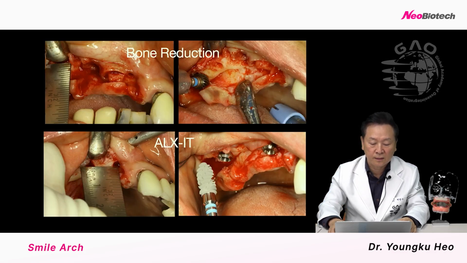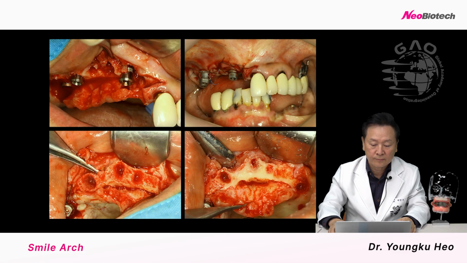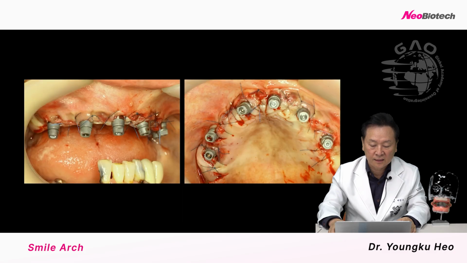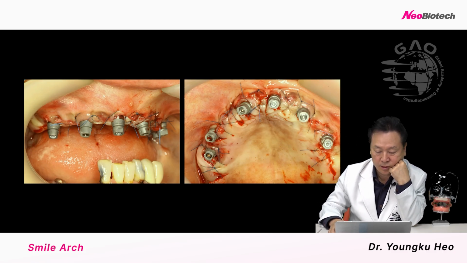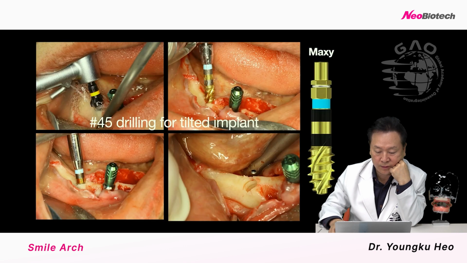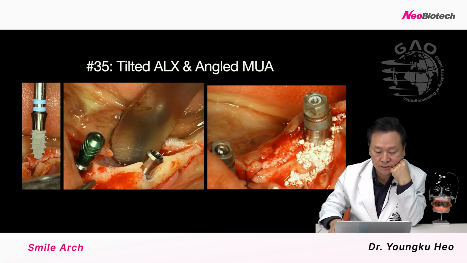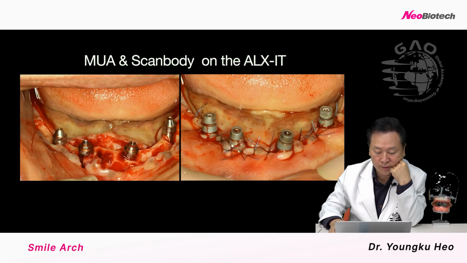Just extract the teeth and drill and place, and also we reduce all bones as needed, so we can finish 6 implant placement in the upper first, and go to the mandible, extract all teeth and reduce the bone, and place the 4 implants, which are ALX and angled MUA, like this.